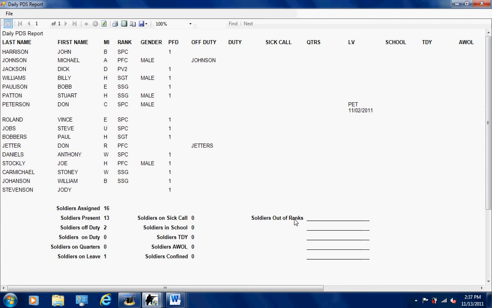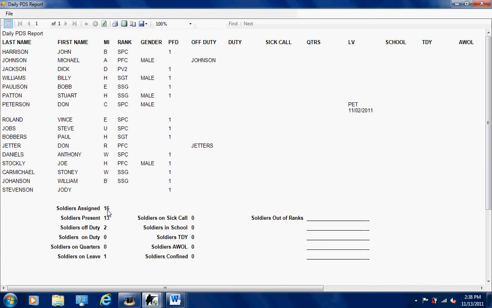Now, out of rank soldiers, you can't count them after you've printed this thing out, of course. So you take this whole sheet out to the formation, like you would usually take a PDS, and if they're out of ranks, you mark them out of ranks. If they show up, they're here now. But if they're out of ranks, you mark them out of ranks here, and you would scratch them off right here where you thought there was a 1.